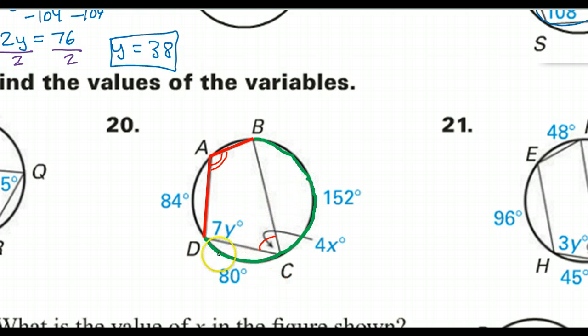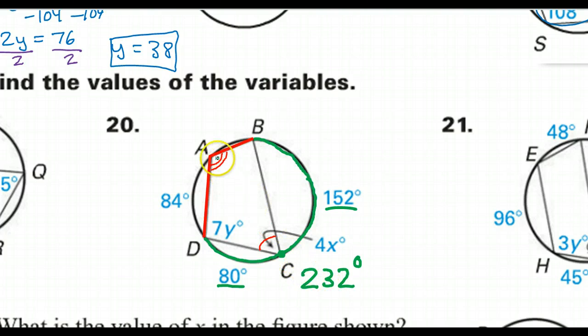But guess what? I know what that green arc is. That green arc is just 152 plus 80. They kind of meet right here, but these two arcs together are the green arc. So if I add those up, the whole green arc is 232 degrees.